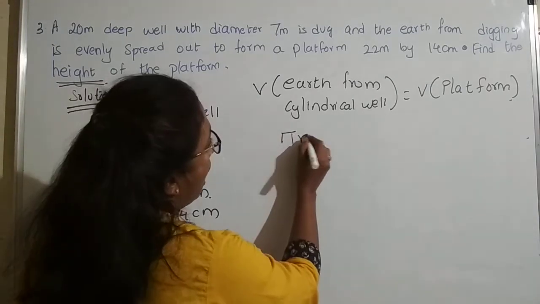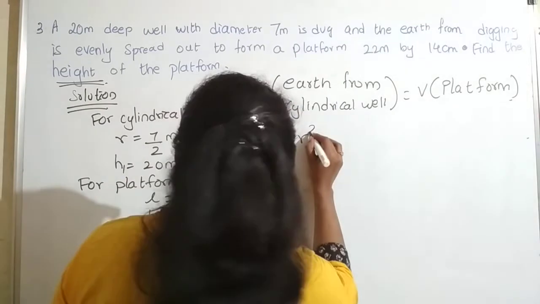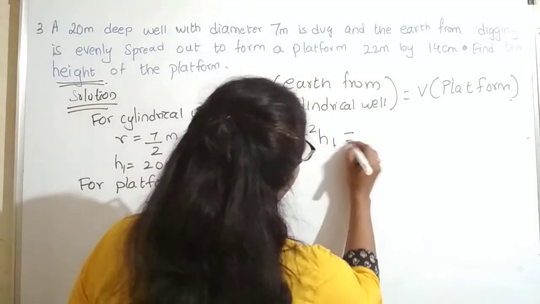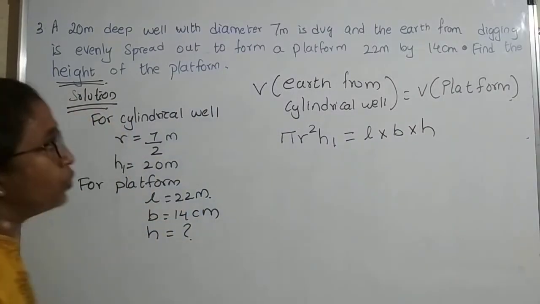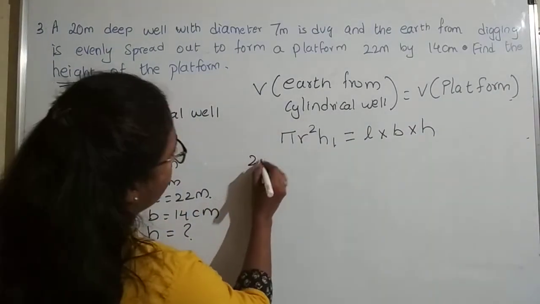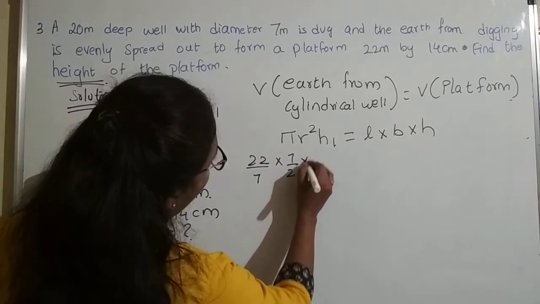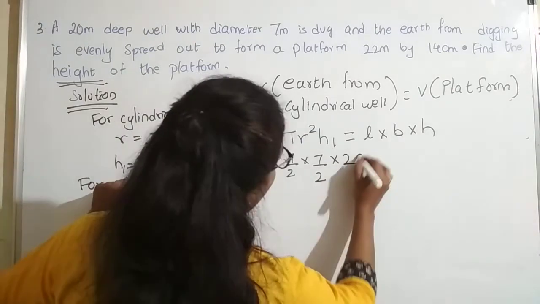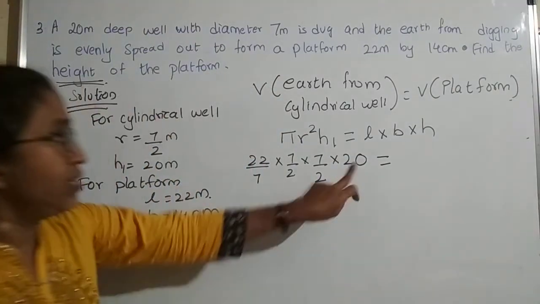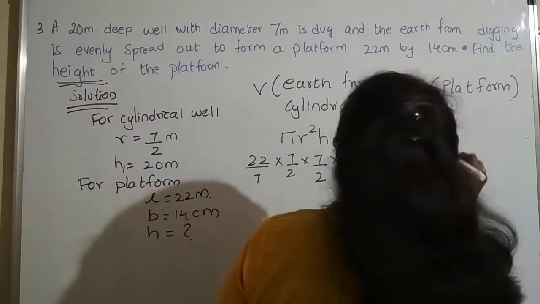That is pi r square H1 equals L B H. Please write the formula also. Let's substitute: 22 by 7 into r square, that is 7/2 into 7/2, and the height of the cylindrical well is 20. Here L is 22 into 14 into H.